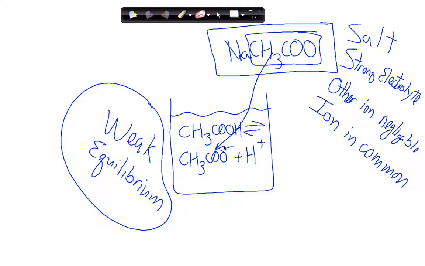Do you see why that's true? Because what's happening to the amount of weak electrolyte that's broken apart when you add the sodium acetate? It goes down, right? You're creating more unprotonated acetic acid, meaning less acetic acid is broken apart, and you're functionally making the weak electrolyte weaker. Does your silence mean you understand, or you're so confused you don't even know?